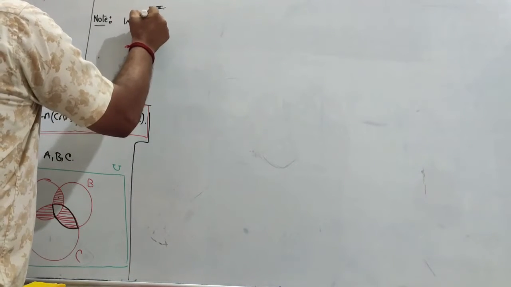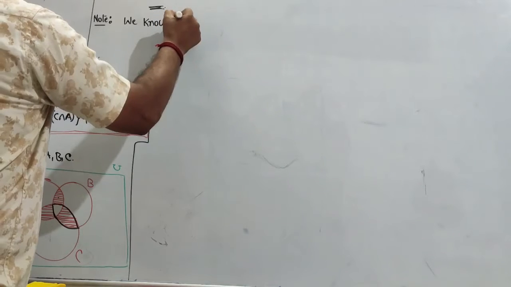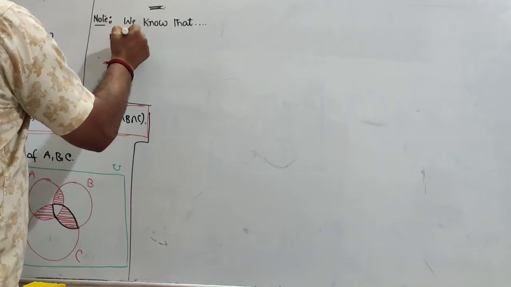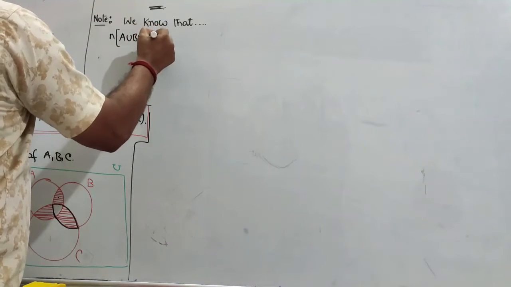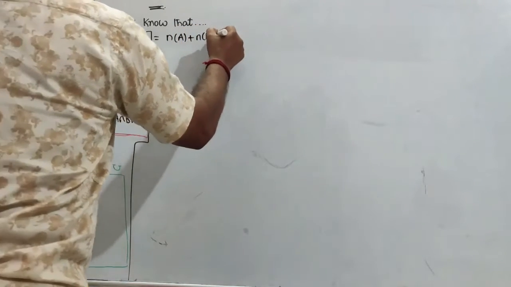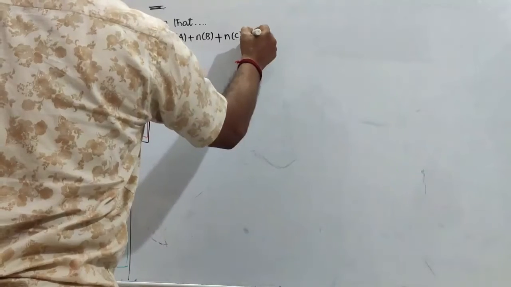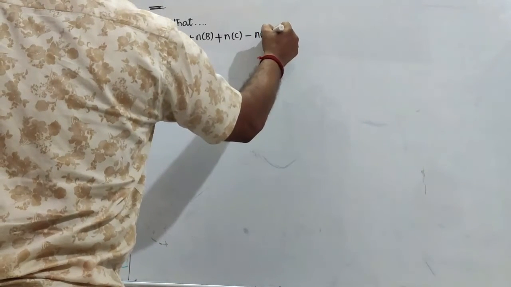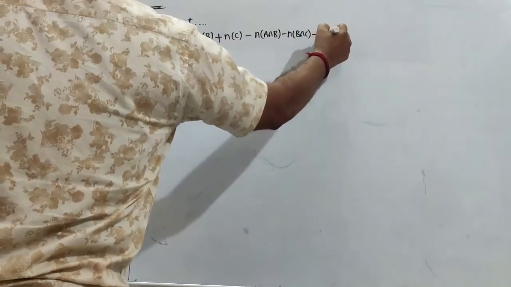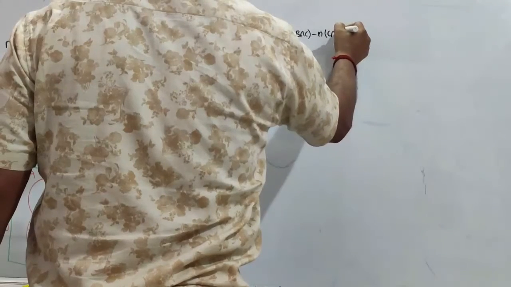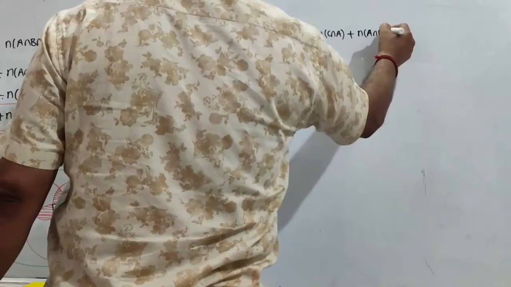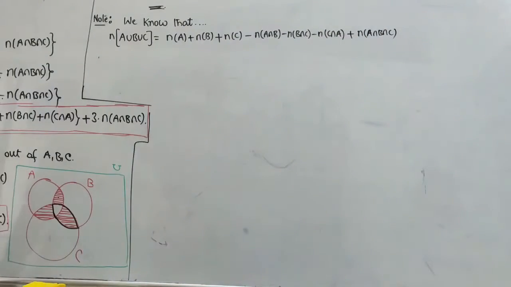Note, we know that n of A union B union C is equal to n of A plus n of B plus n of C minus n of A intersection B minus n of B intersection C minus n of C intersection A plus n of A intersection B intersection C. This is the standard formula.